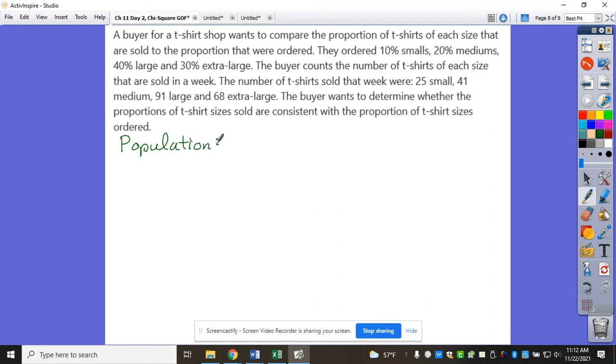What would our population be here? And this is kind of weird because I'm not randomly selecting from, but in general, it's definitely talking about what, where?